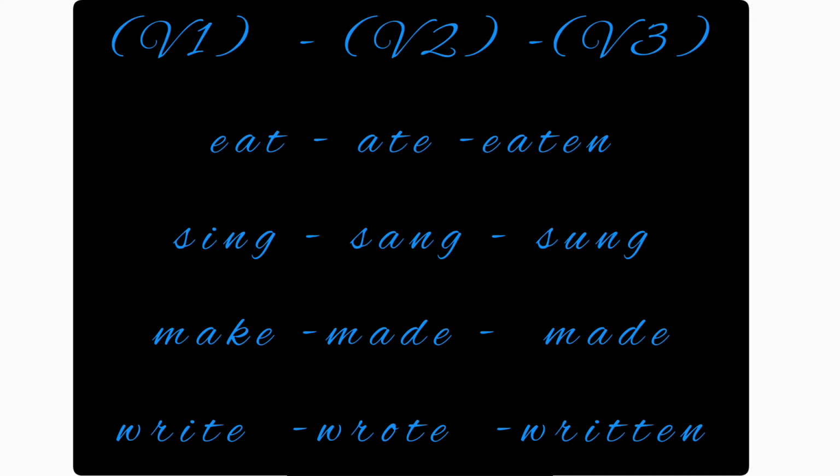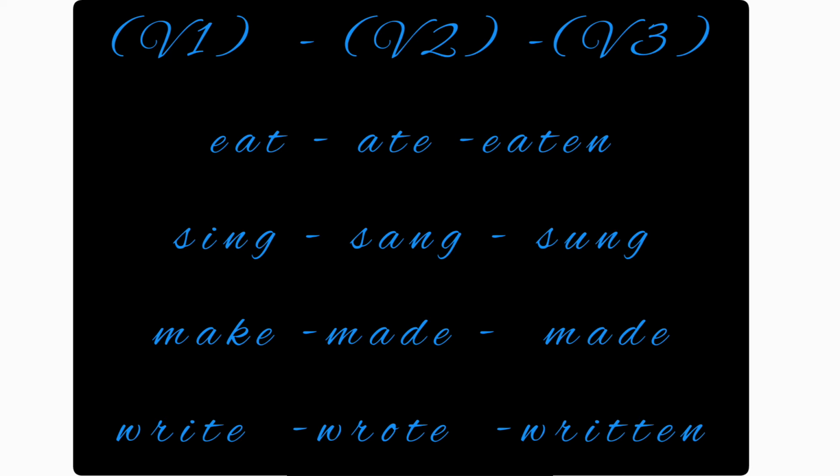The first one is eat, ate, eaten; sing, sang, sung; make, made, made; write, wrote, written. In order to form the present perfect tense, we need to know the past participle form of the verb. We can see the third form: eaten, sung, made, written.